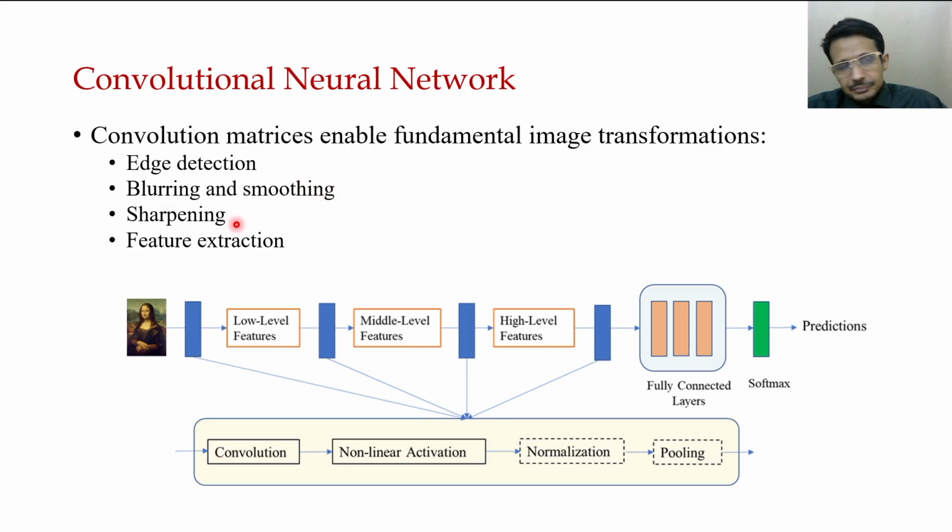Sharpening can be done too. This is basically a kind of filtering, and by virtue of these things we can extract features. Feature extraction is basically checking whether a particular pattern is present in a particular portion of the image or not. That is the job of convolution.